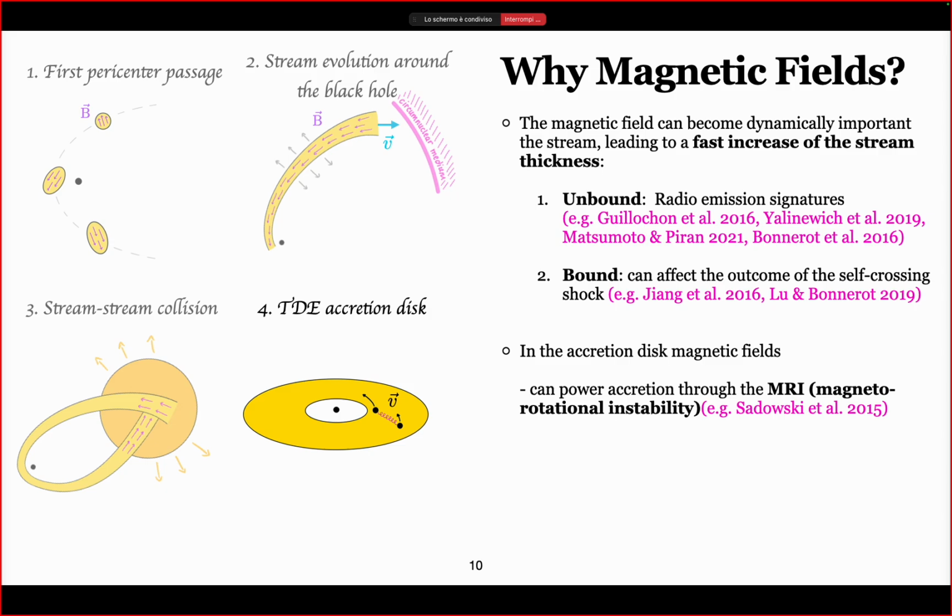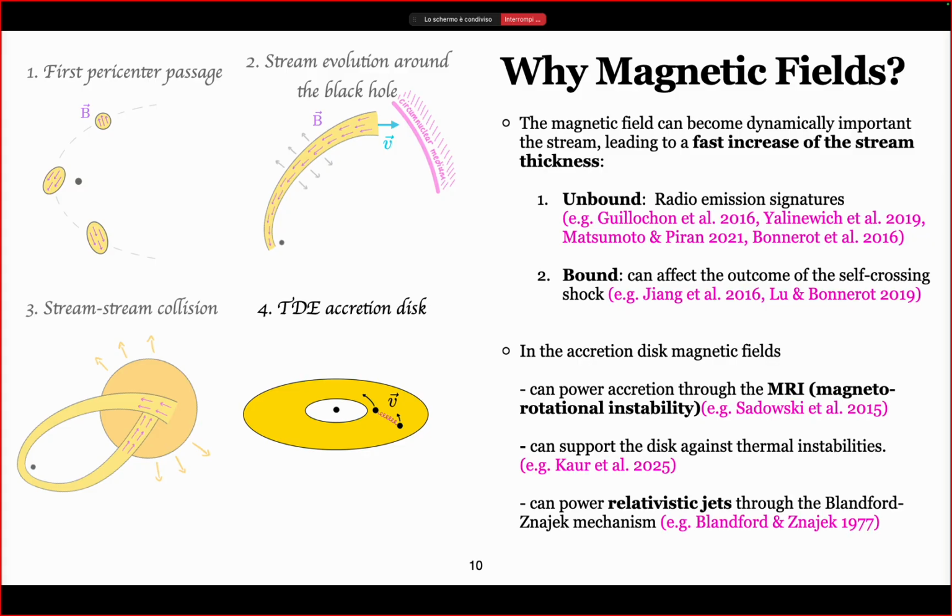And here, regardless of how important magnetic fields are during the earlier evolution, magnetic fields may play a crucial role because they are known to provide the viscosity that powers the disk through the so-called magnetorotational instability. That is a mechanism that allows transport of angular momentum through the disk, and so allows the gas to accrete.